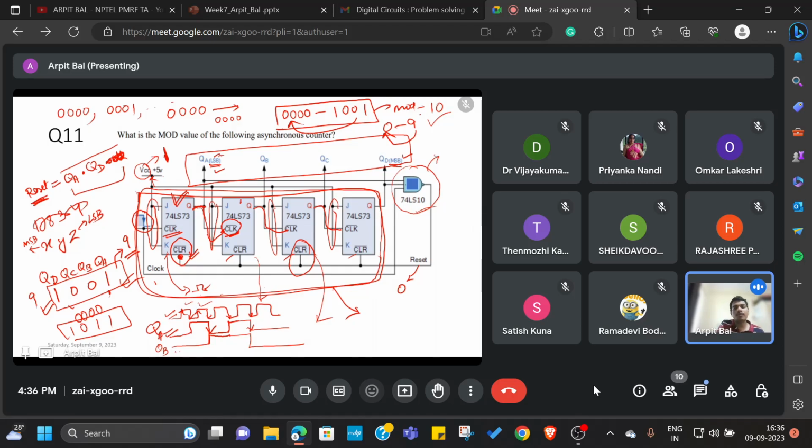You have to give a bit of thought in such types of questions, but the thinking process remains the same: figure out when the circuit is going to be reset. Whether to take the maximum value or minimum value depends on whether it is an up counter or a down counter.